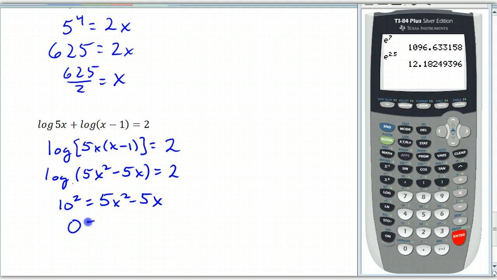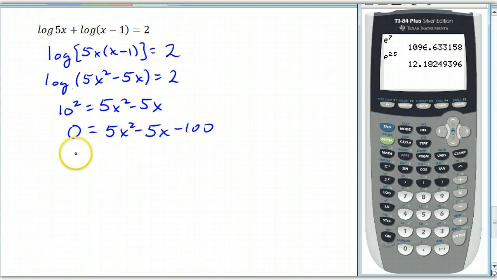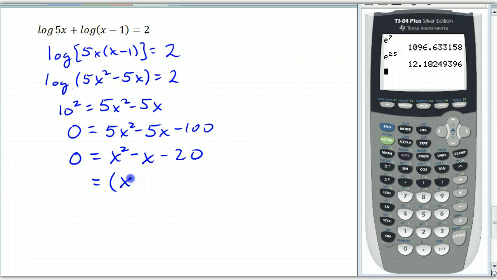And we get everything over on one side, and solve it like a normal quadratic. So I'm going to divide everything by 5 and factor. I think that's going to be negative 5 there and plus 4 there.